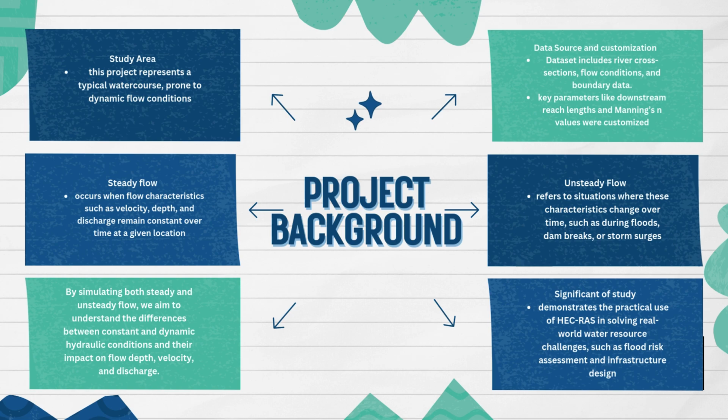This analysis is significant because it highlights the importance of hydraulic modeling in predicting and managing river behaviors. It also demonstrates the practical use of HEC-RAS in solving real-world water resource challenges, such as flood risk assessment and infrastructure design.